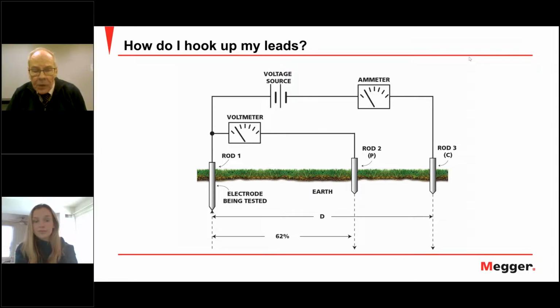But what it is, on a perfect system where there are no attendant problems, you will get a good reading at 62% of the distance to your current probe. And so this is a real quick test. It's a good way to get in and out of there on one measurement.